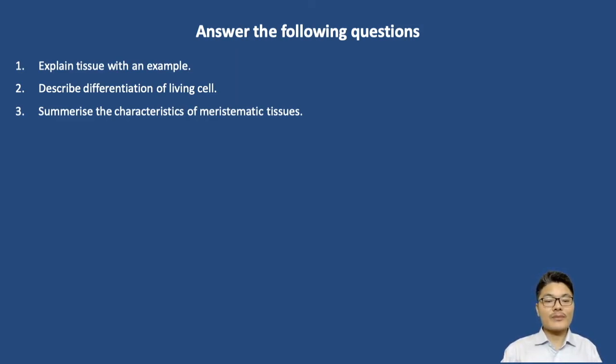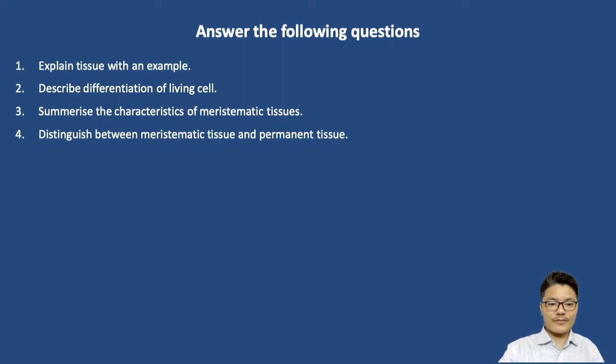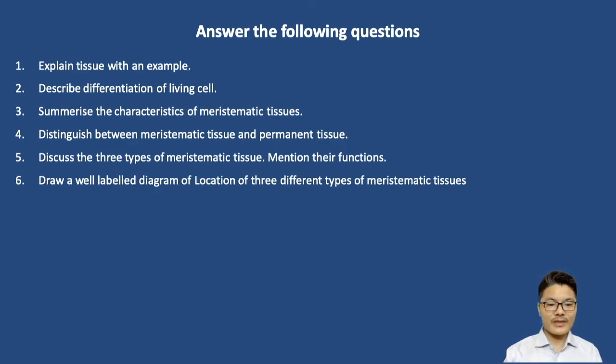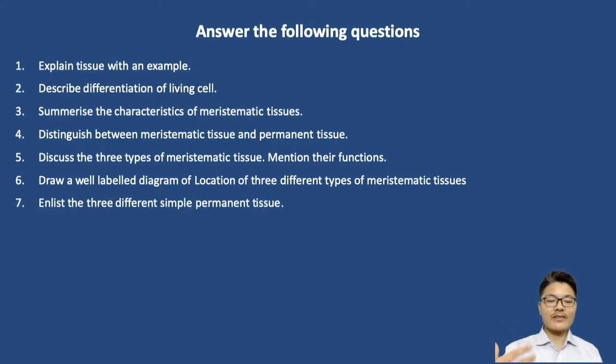Third, you need to summarize the characteristic features of meristematic tissue. Fourth, you need to distinguish between meristematic tissue and permanent tissue. Fifth, you need to discuss the three types of meristematic tissue, and state their functions. Sixth, you need to draw a well-labeled diagram of location of three different types of meristematic tissue. Then seventh, you need to enlist the different simple permanent tissue.